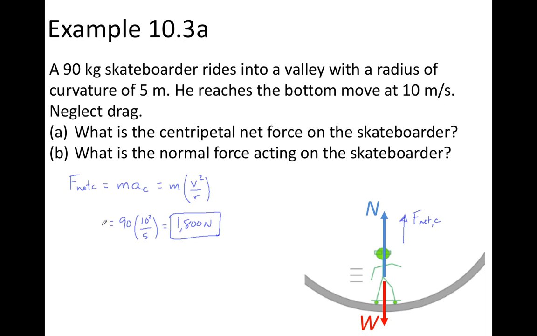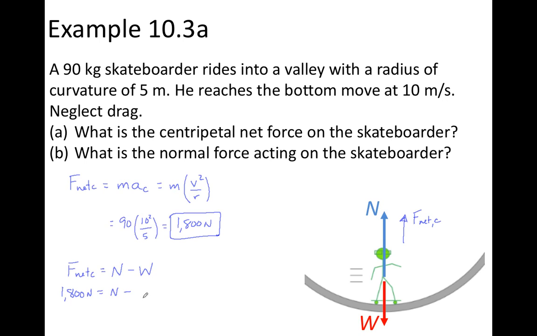So now that we know the value of the net centripetal force, we can use that to work out what force the ground has to exert on the skateboarder, the normal force. The net centripetal force will equal the normal force minus the weight. I know the value of the net centripetal force is 1,800 newtons. The normal force is what I'm solving for.